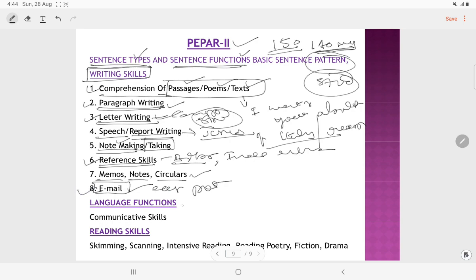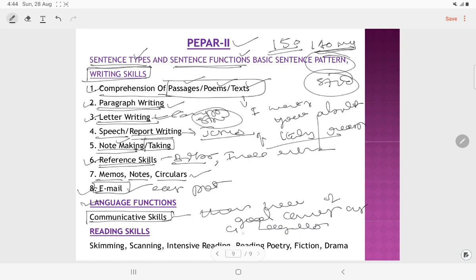And language functions, this is very important, especially they have given communicative skills. We will discuss all those skills, what we need for good communication as a language teacher. What skills we must have, that's the communicative skills.